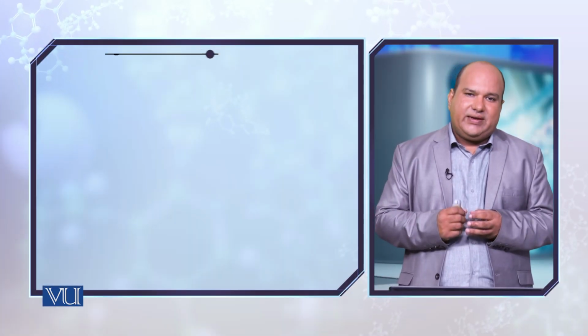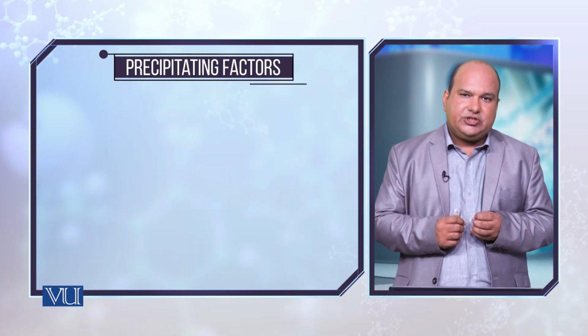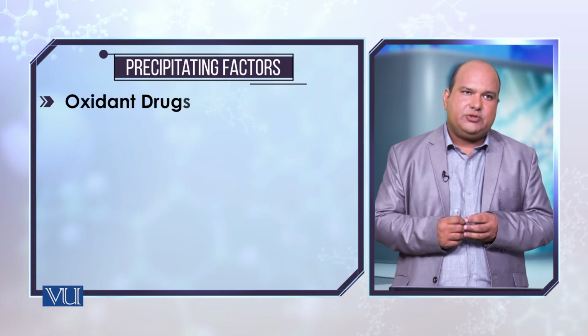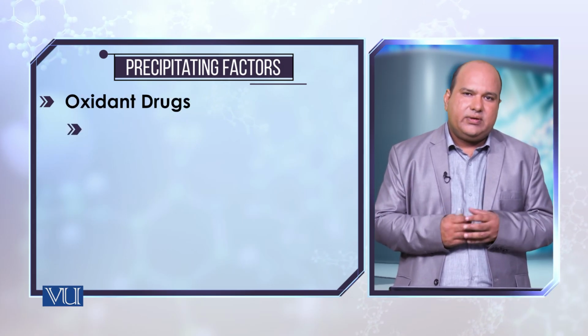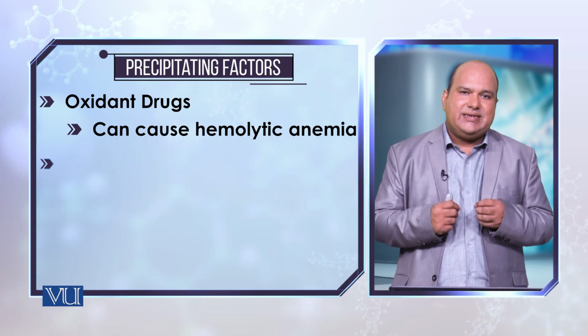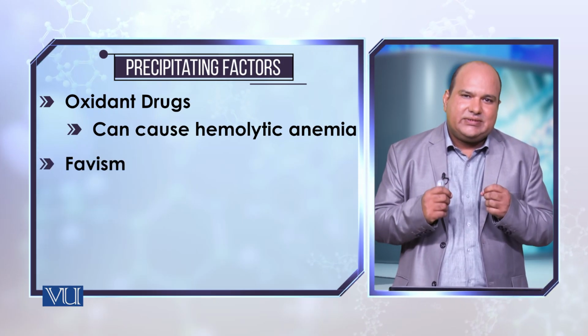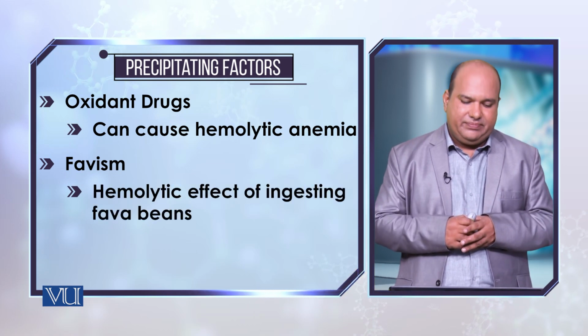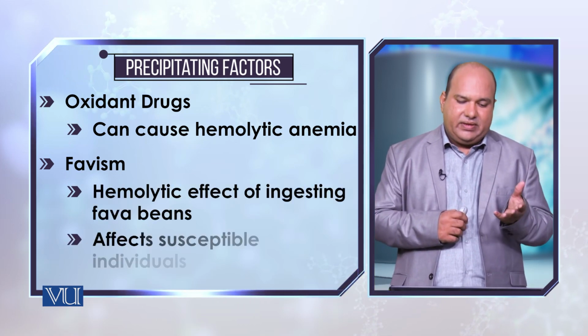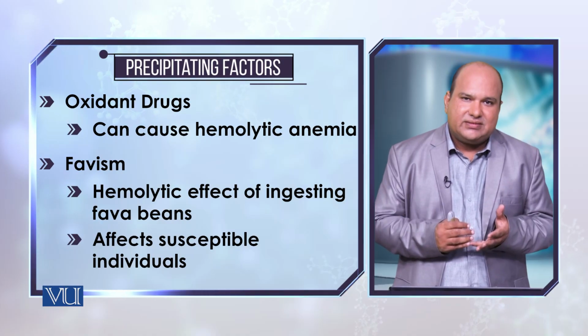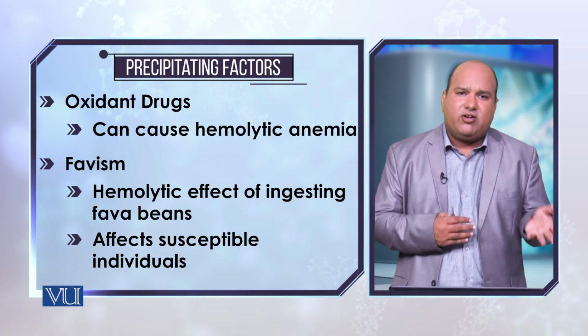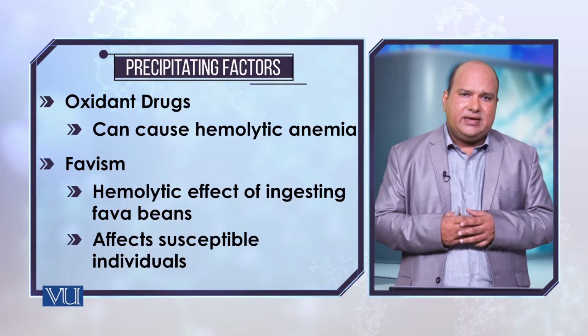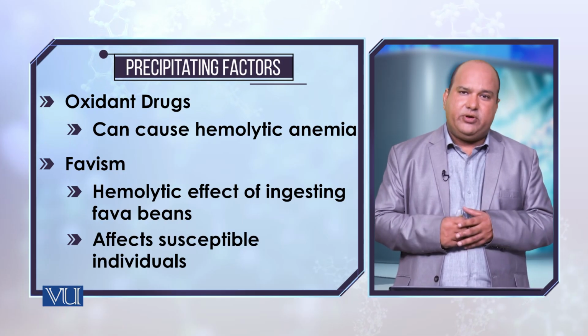Then there are factors which enhance or make you more vulnerable to this disease, which enhance the effect of this impaired enzyme. That is, certain drugs, even over-the-counter drugs, if you use them excessively, you can have hemolytic anemia.